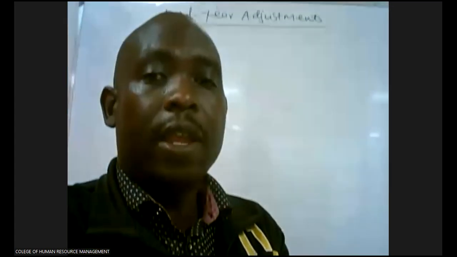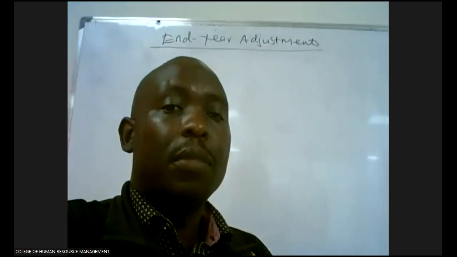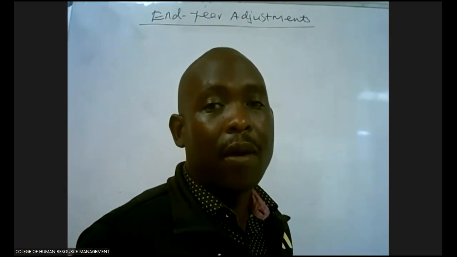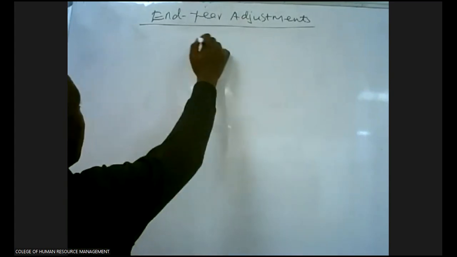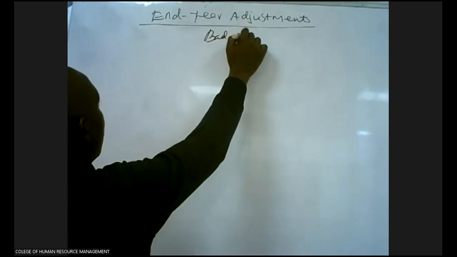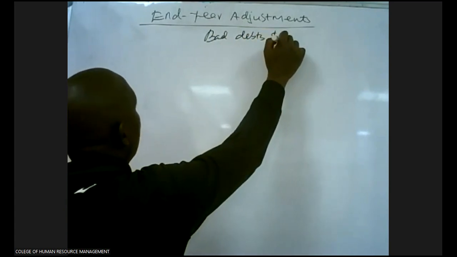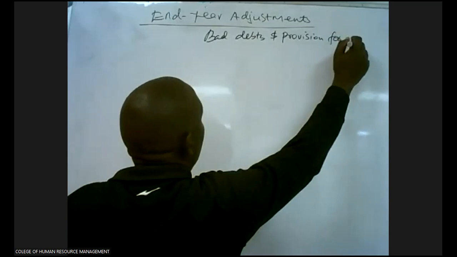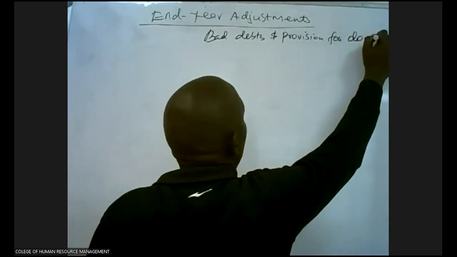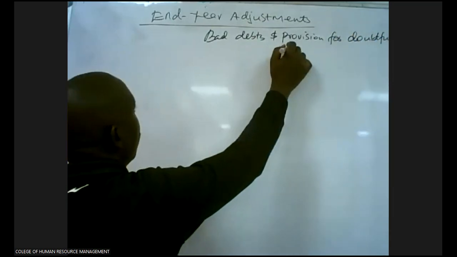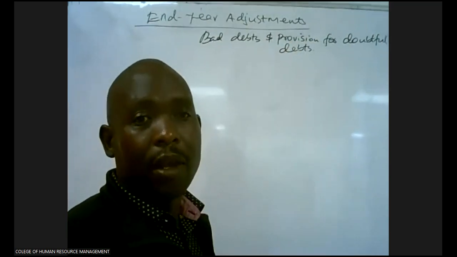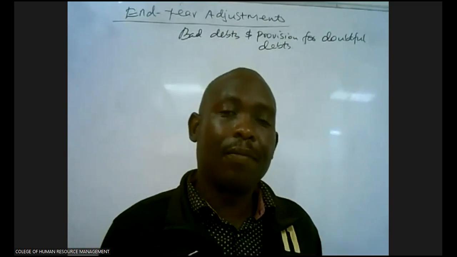So the last end year adjustment that we shall be coming across, it is normally the bad debts and allowance for doubtful debts. Provision for doubtful debts.